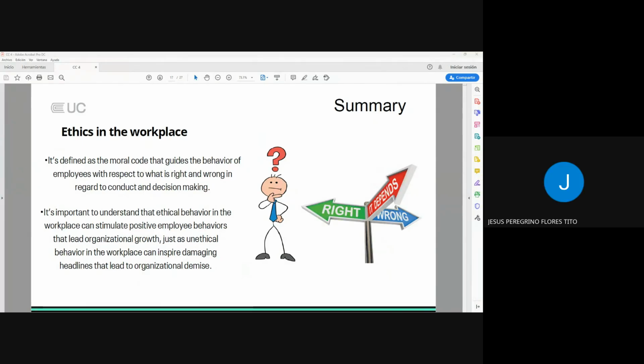Okay. It's important to understand that ethical behavior in the workplace can stimulate positive employee behaviors that lead to organizational growth, just as unethical behavior in the workplace can inspire damage, headlines that led to organizational demise.